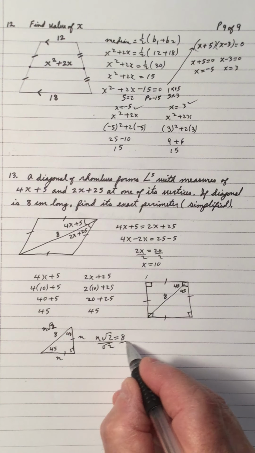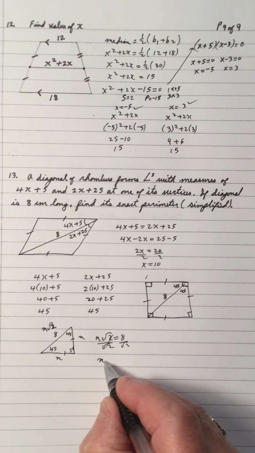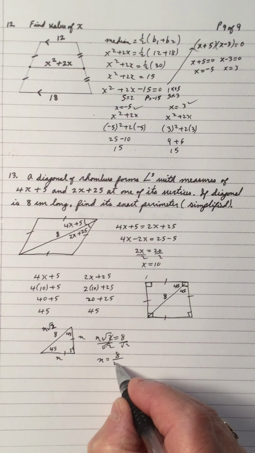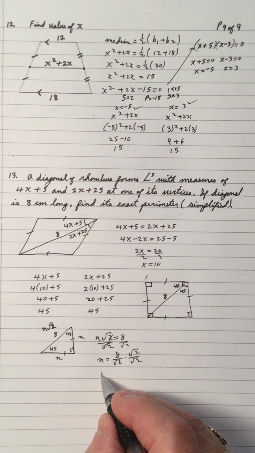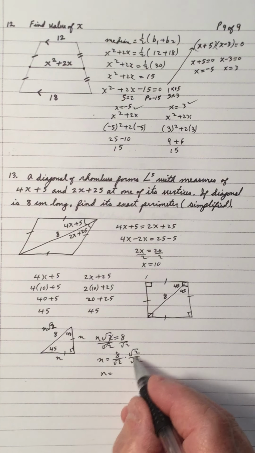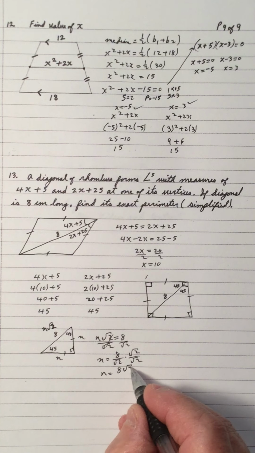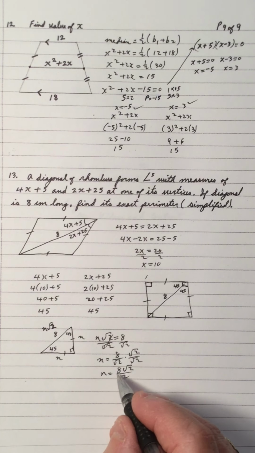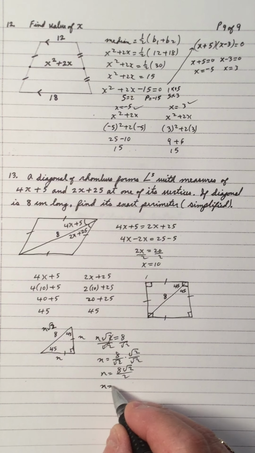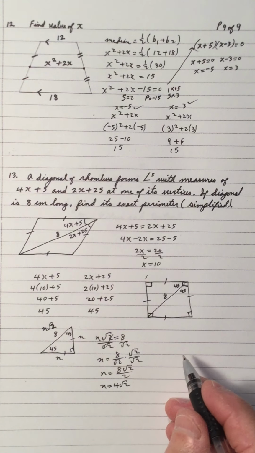Divide by root 2, n equals 8 over root 2. Rationalize, root 2 over root 2. So n is 8 root 2 over 2. Root 2 times root 2 is 2. And that gives me n is 4 root 2.